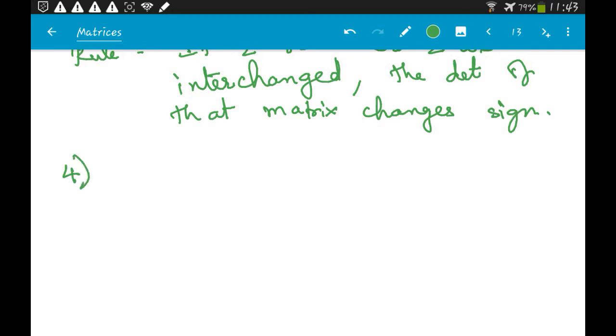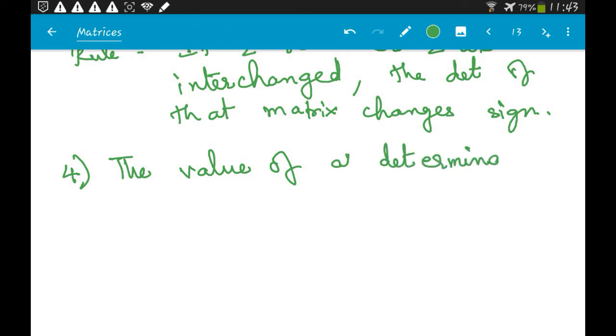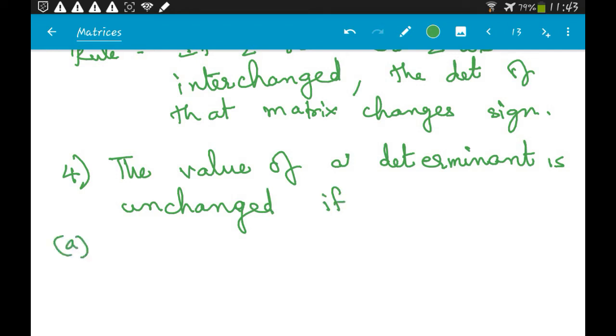Then 4. The value of a determinant is unchanged if, so there are two ways when the value of the determinant will be unchanged.